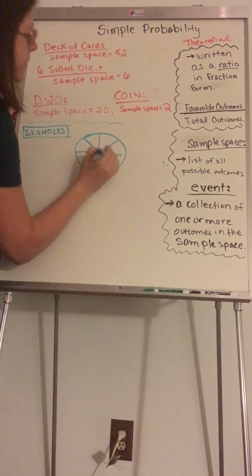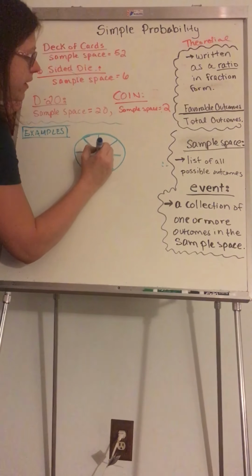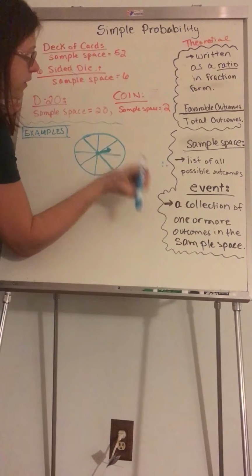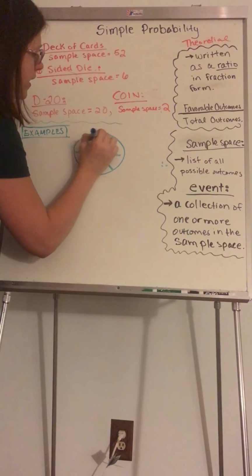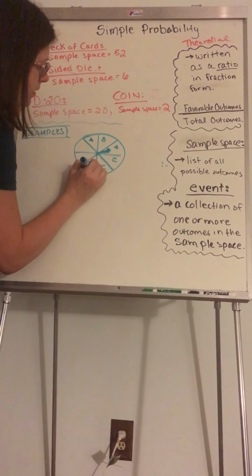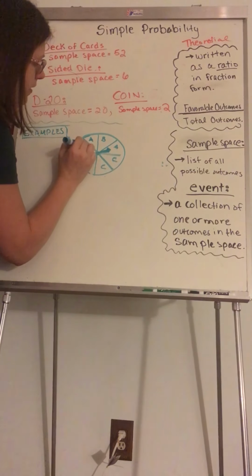This is what I mean by a spinner. I've got my little arrow. You spin the arrow and it will land on something. And so I'm going to have A, B, A, C, C, B, A, D.